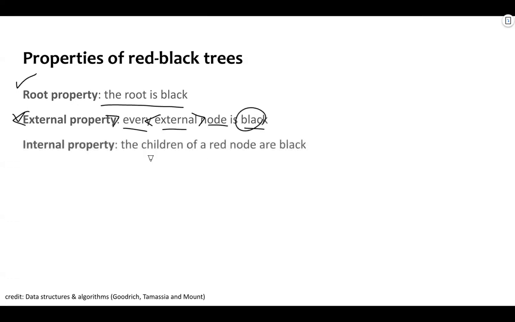And the third property is the internal property. The children of a red node are black. This is very important. So what it means is after a red node, there cannot be one more red node. There should be no two consecutive red nodes.